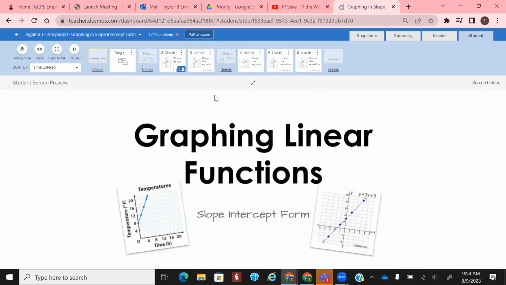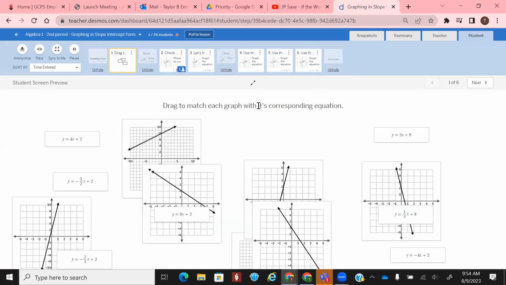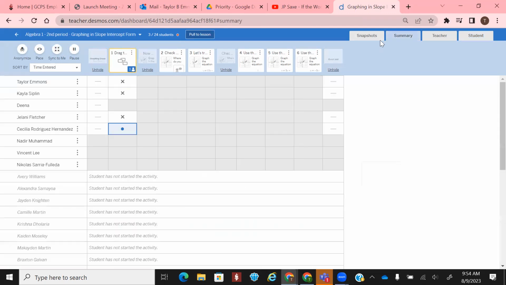Go ahead and take a couple minutes. Do this little card sort. You're matching up the graph to the equation. And then go ahead and fill in the other slides. There's only 6 slides, so it shouldn't take you that long. I'm going to give you about 15 minutes to do it. If you have an X next to your name, it is not correct. Yes, sir. You don't have a computer?